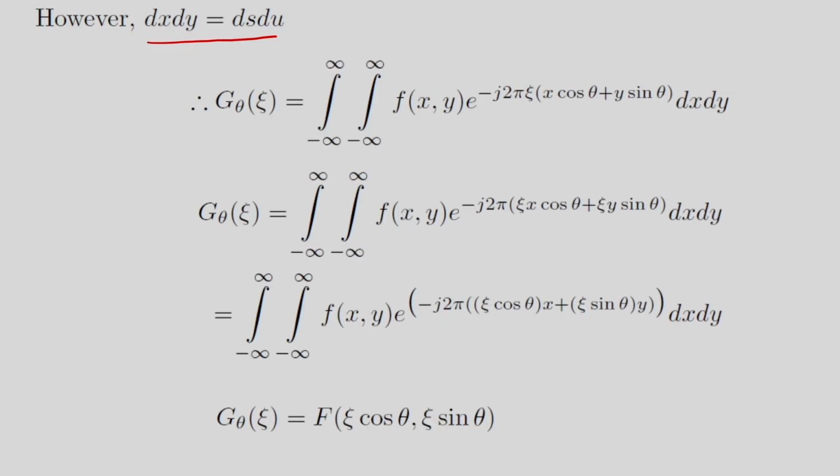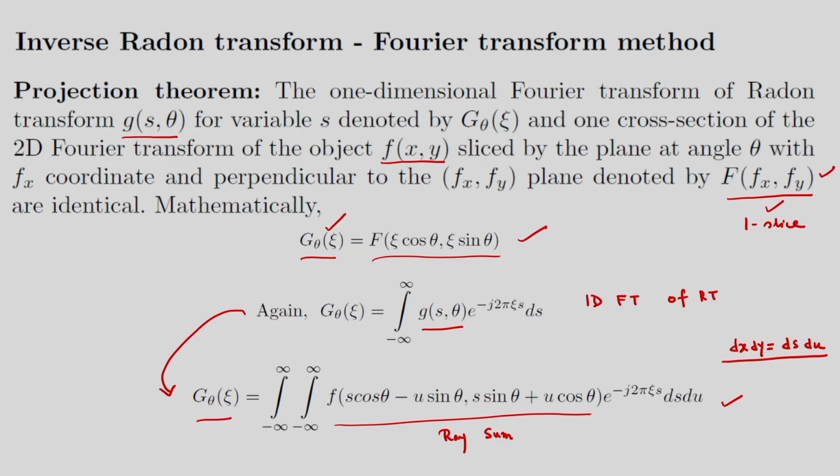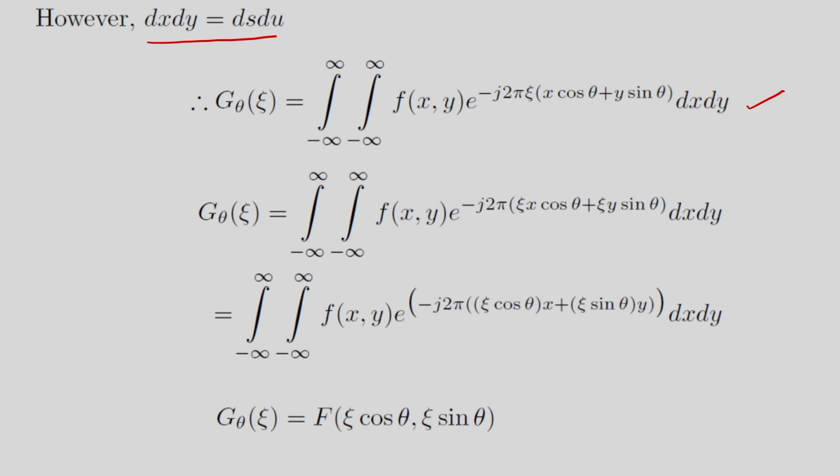Now what is G_theta? G_theta is f(x,y) e to the power of this expression. If you see the previous slide, s cos theta minus u sin theta is nothing but x, and s sin theta plus u cos theta is nothing but y. Corresponding to this I have f(x,y) e to the power minus j 2 pi epsilon (x cos theta plus y sin theta) dx dy. After this I can write it in this form: minus j 2 pi (epsilon cos theta x plus epsilon sin theta y) dx dy.